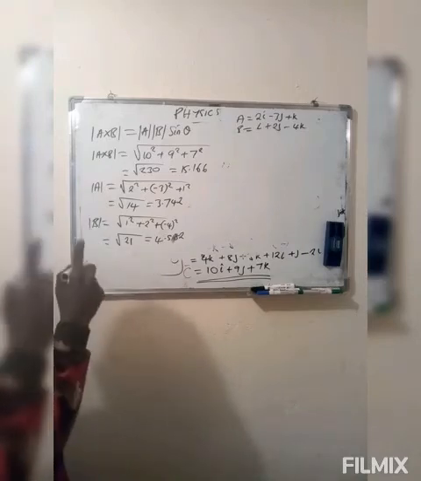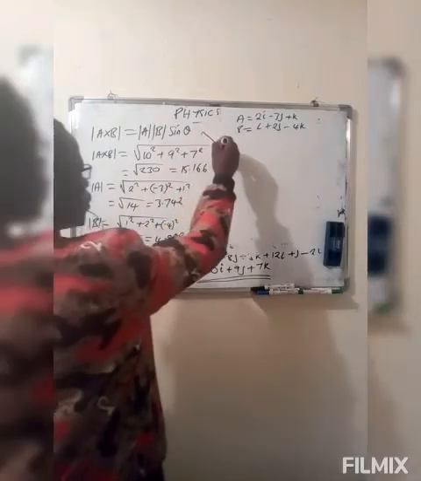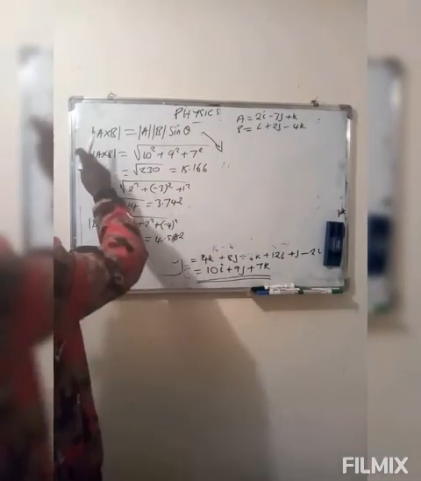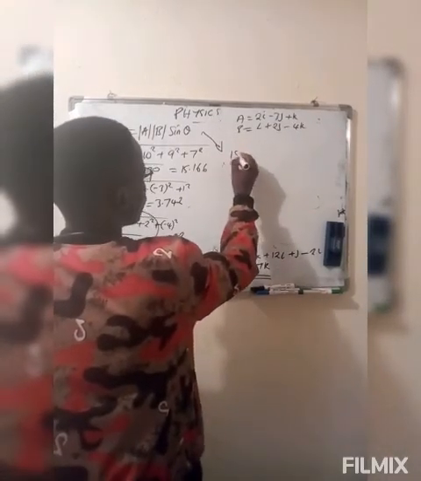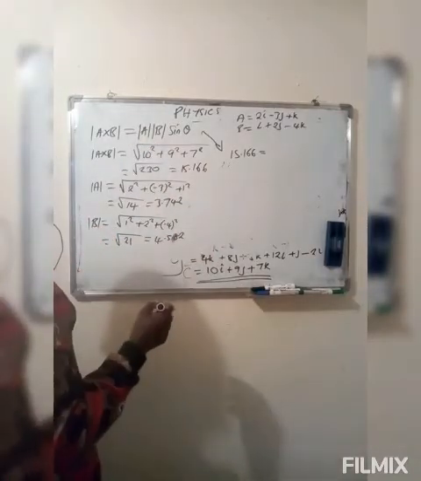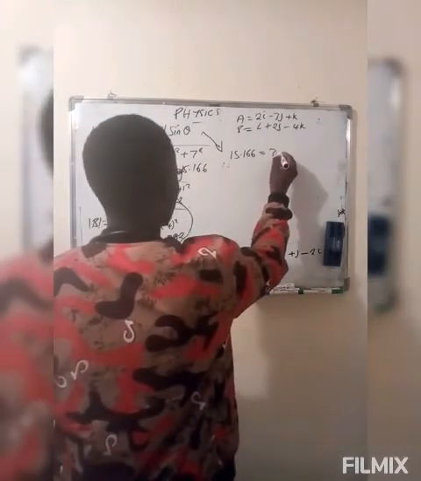The magnitude of A by B was 15.166, equal to the magnitude of A, which we got as 3.742, multiplied by 4.582, then sine theta.